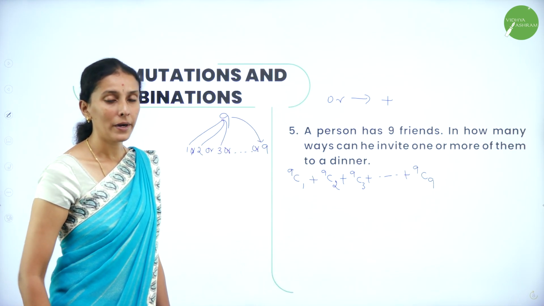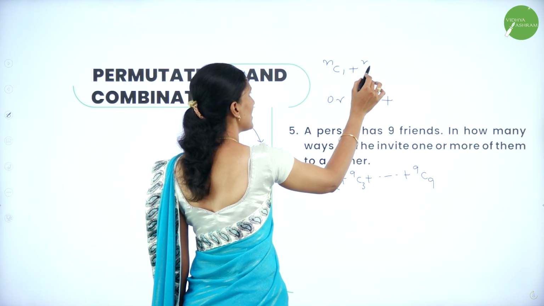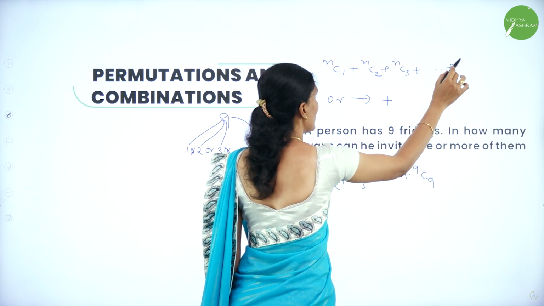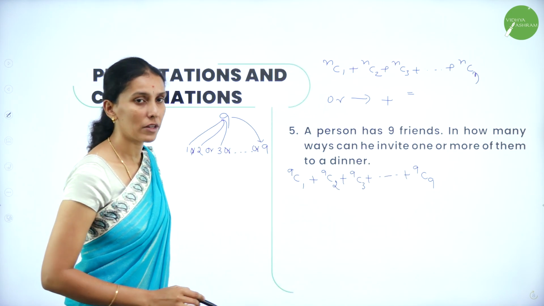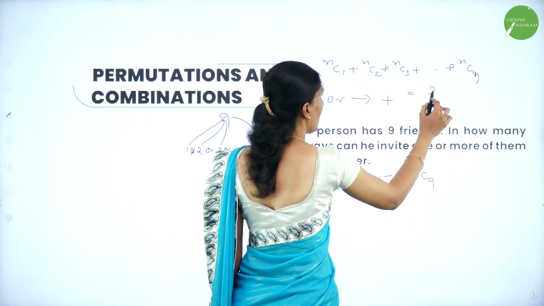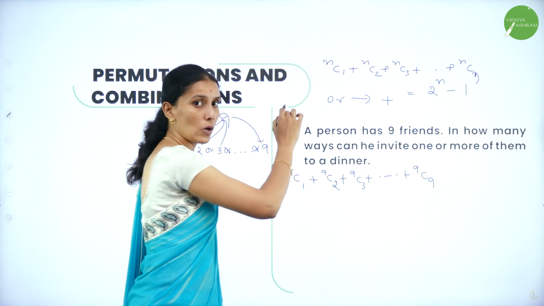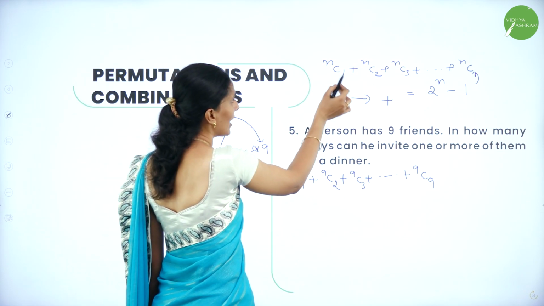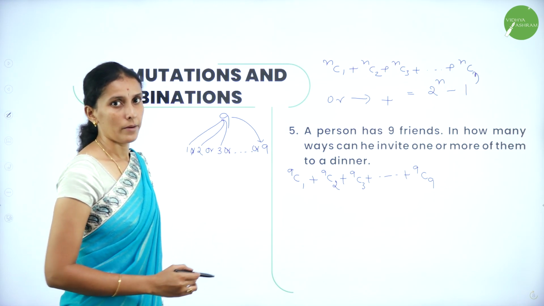So remember the property we have learned: nC1 plus nC2 plus nC3 plus etc. plus nCn. What does this imply? We have learned in our previous session, this is 2 power n minus 1. When it starts with nC0, it is just powers of 2, that is 2 power n. When it starts with nC1 to nCn, it is 2 power n minus 1.